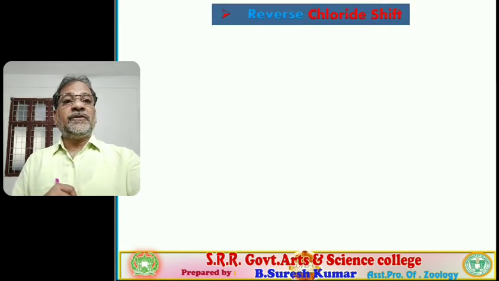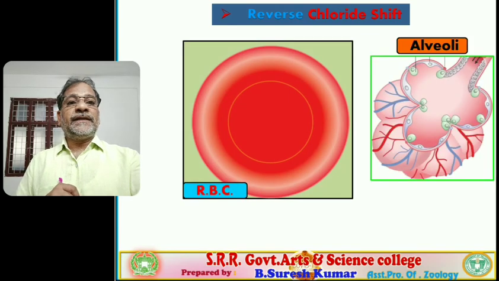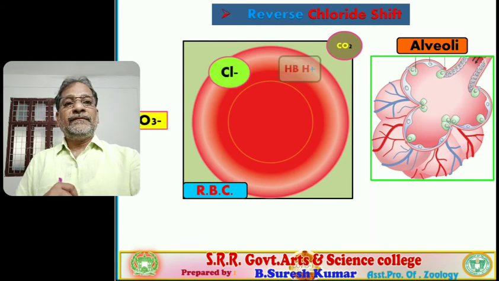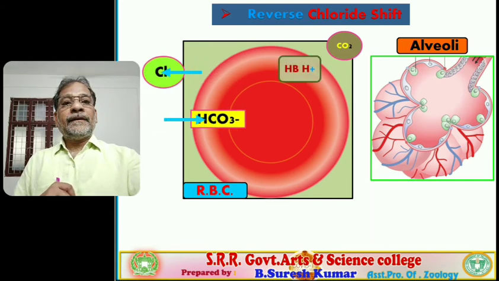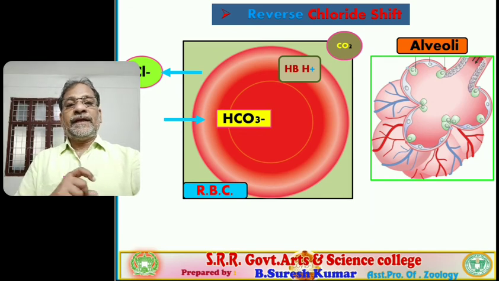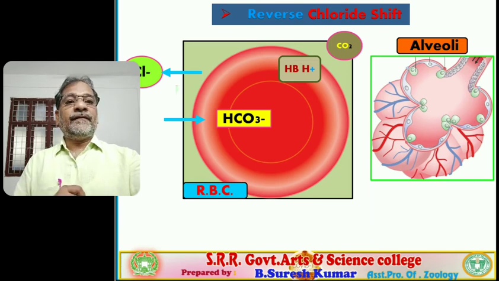Let us see the visual representation for reverse chloride shift. That is alveoli and RBC. This is reverse chloride shift: chloride ions from inside to out, HCO3 minus ions from outside to in. Followed? So this is the reverse chloride shift.